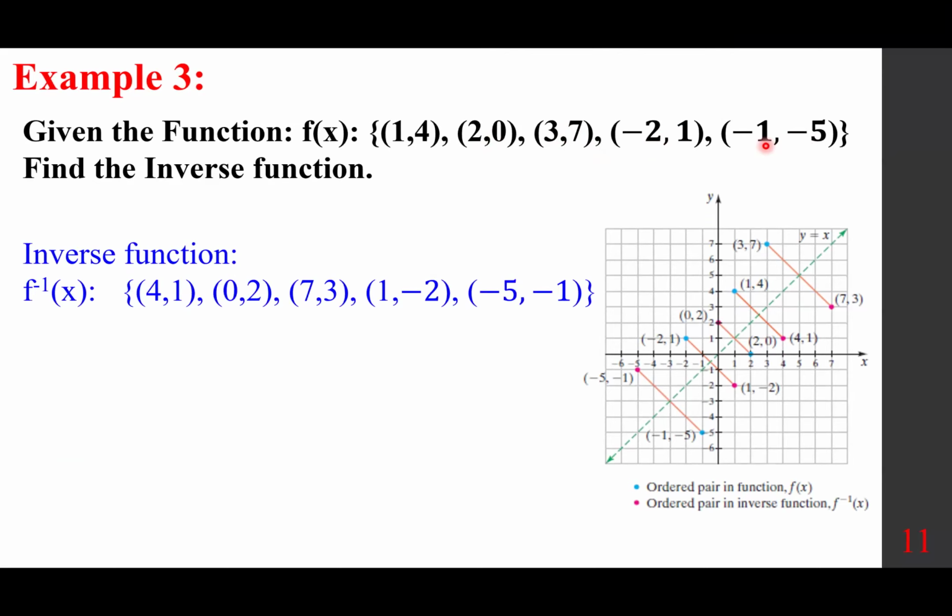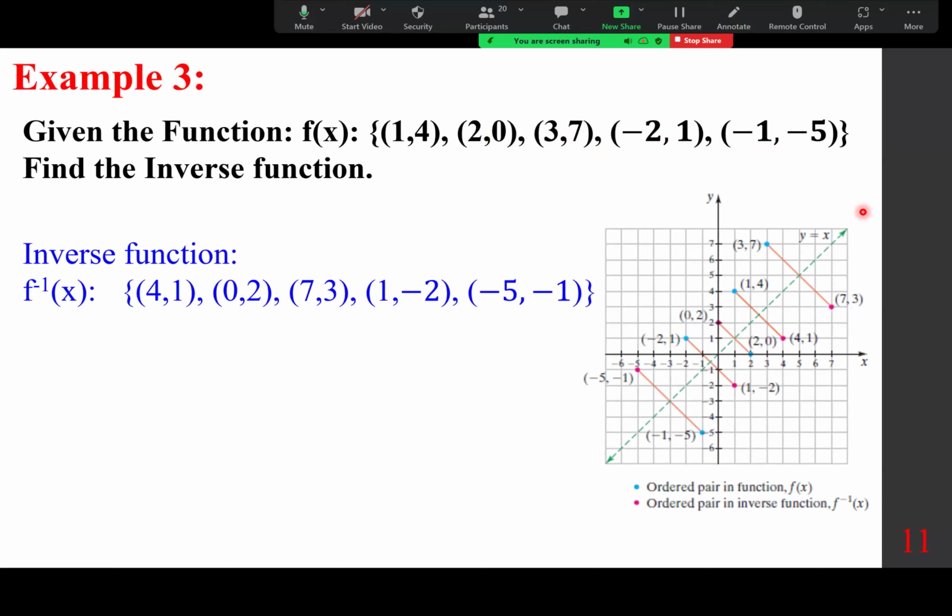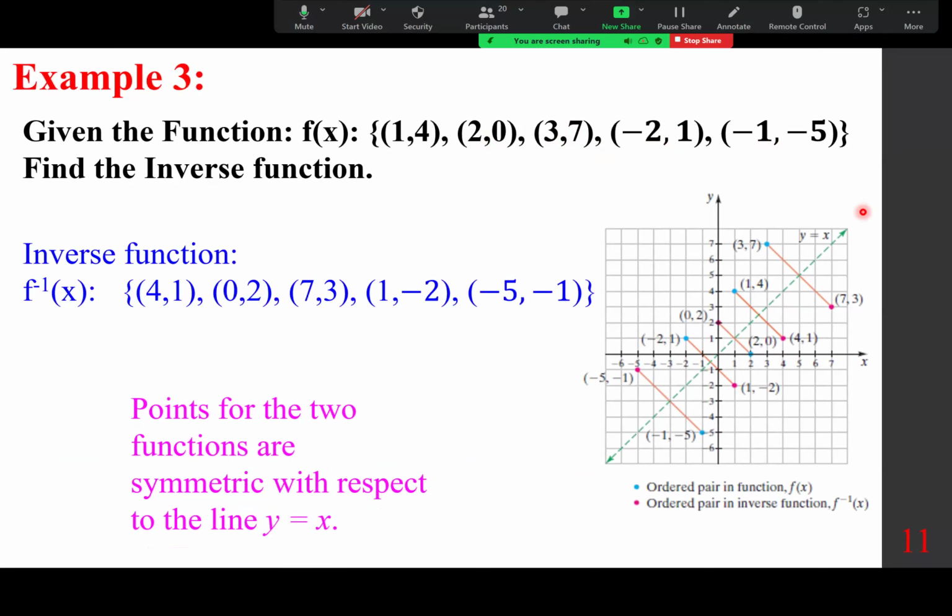And if you graph them carefully, you can see, of course, as expected, they are symmetric with respect to the line y equals x. Points for the two functions are symmetric with respect to the line y equals x because you're interchanging x and y.